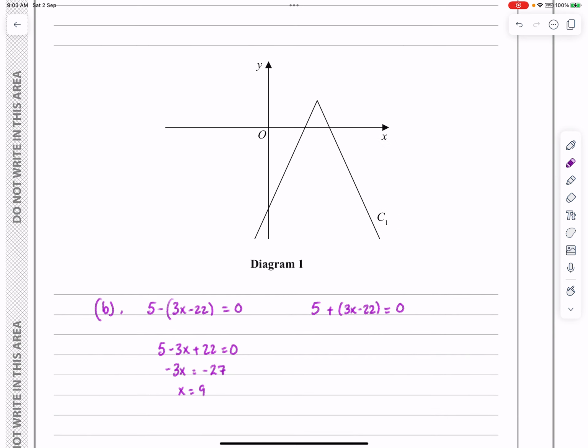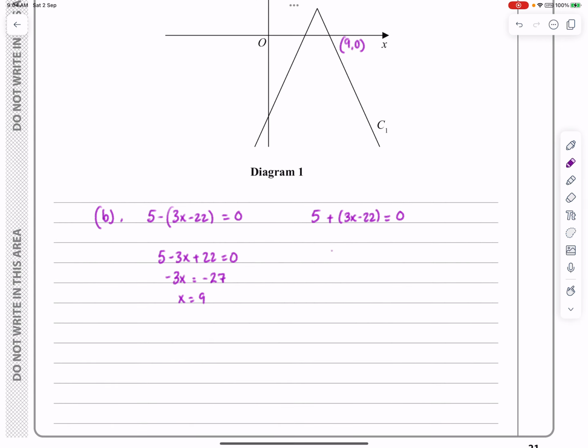That's that one there, because that's the negative gradient, so that value there is 9, 0 now. And if we do it with the other one, we're going to get 3x minus 17 equals 0.